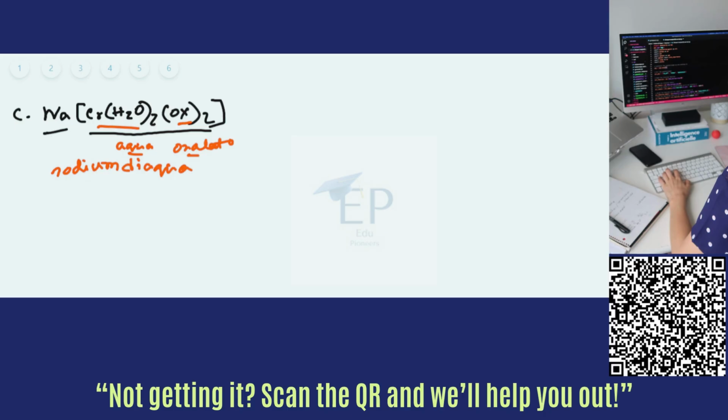Then we have the oxalato group, which is also a complex ligand that has a di in its name. So we have to put bis for oxalato, and we have to put the oxalato name in the round bracket. Bis(oxalato).